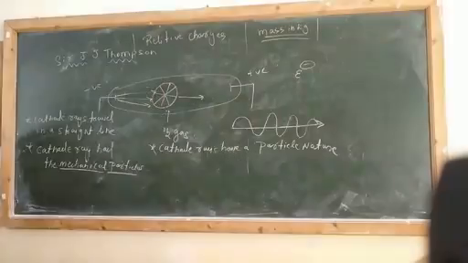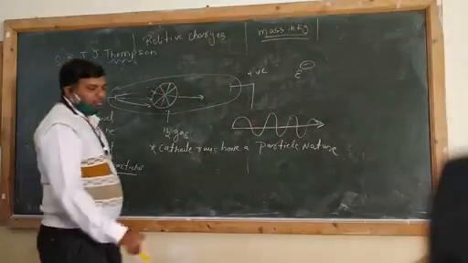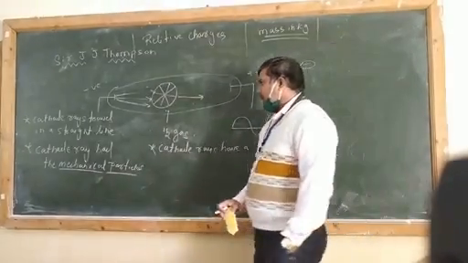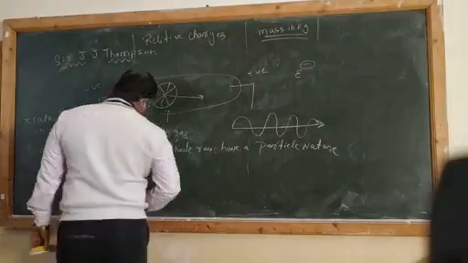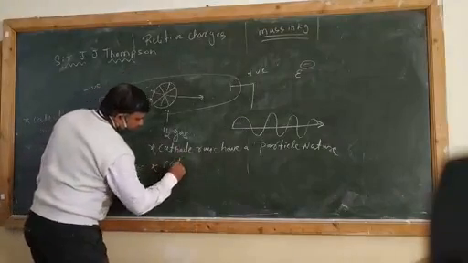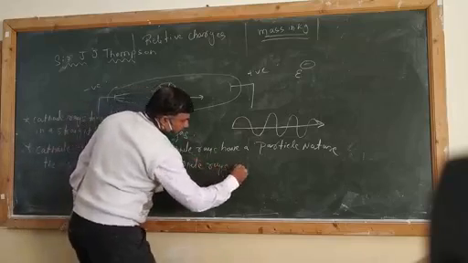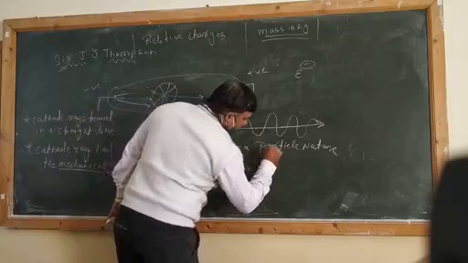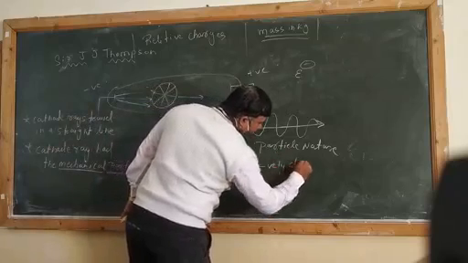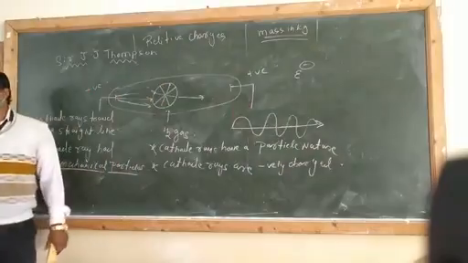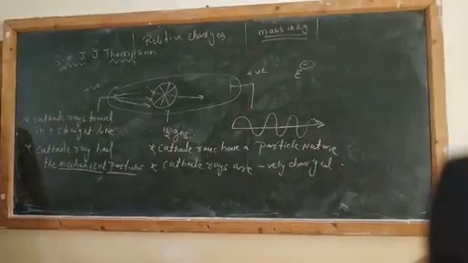Okay, now next point, write down. Cathode rays are negatively charged. अभी ये कैसे प्रूव हो गया कि कैथोड रेज नेगेटिव ही है? पॉजिटिव क्यों नहीं हो सकते?